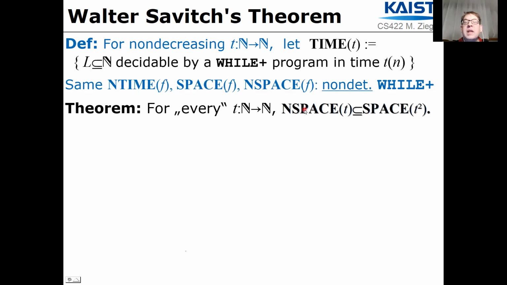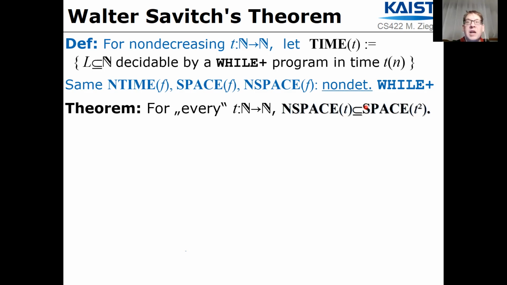So in particular, when we take the bound to be any polynomial, it means that NPSPACE is the same as deterministic PSPACE, right? Because, well, deterministic PSPACE, of course, is contained in non-deterministic PSPACE.